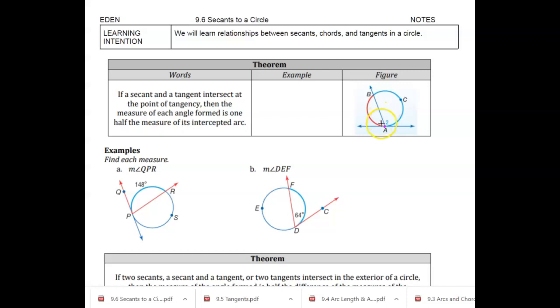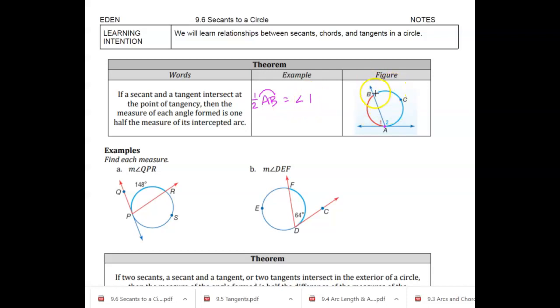You'll notice here, arc AB intercepts or is related to angle 1. So angle 1 is going to be half the measure of arc AB. And that's it. So it works on either side.